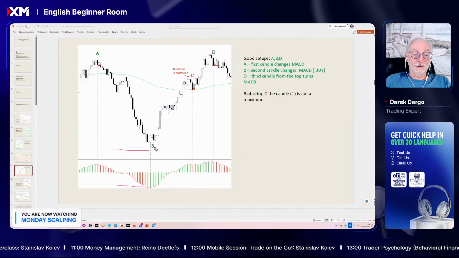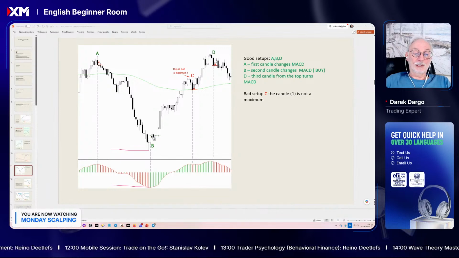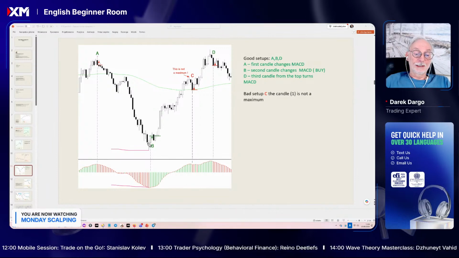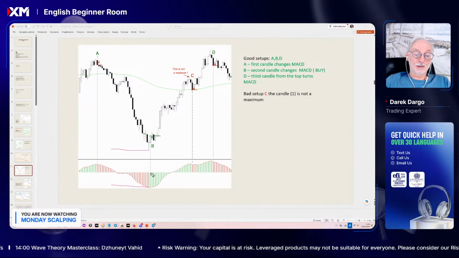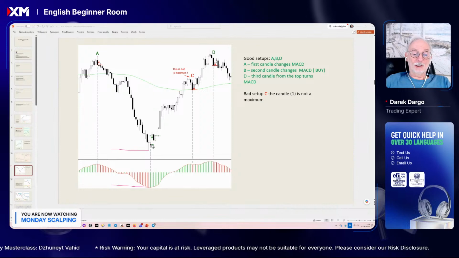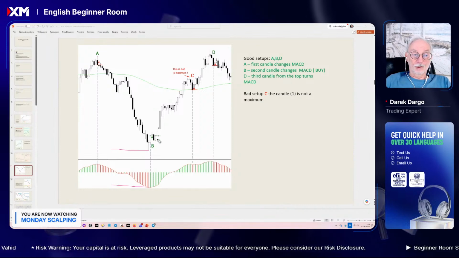Sometimes the second candle will be the one which is changing MACD, or even sometimes the third candle. Then you must think it over. Is it not too late to open a position? But if it's not far away from the bottom, the moment when the candle changed the MACD, it might also be a good opportunity to go long.